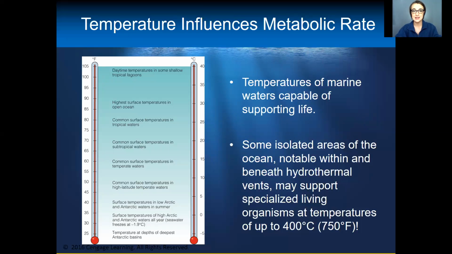So yes, very, very cold, very, very hot, and right perfectly in the middle can also sustain life, but it has to be very specific to that species. Again, you can't take one out of cold water and put it into hot water. Every single fish out there, every single starfish, every single sea slug, it doesn't matter what it is, requires a very specific temperature for the water that they are in.